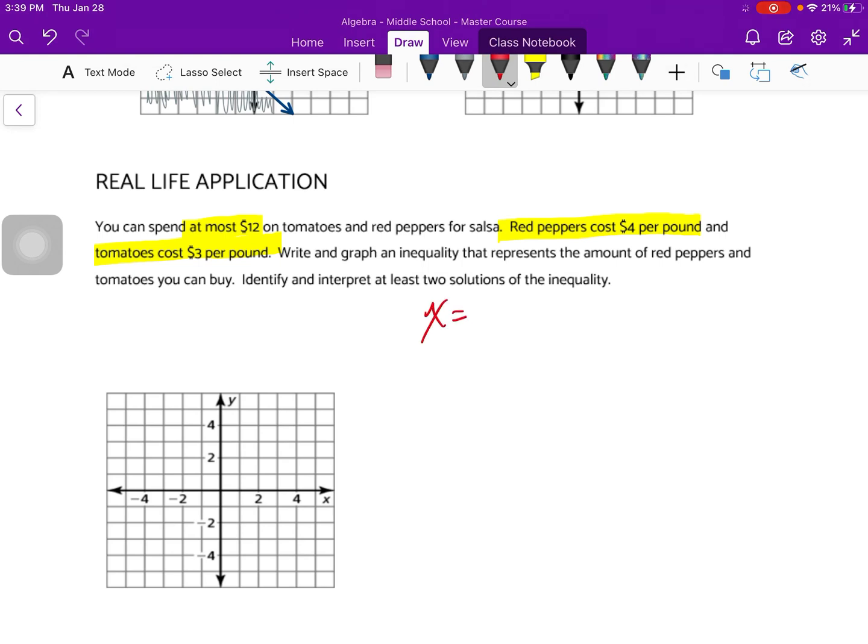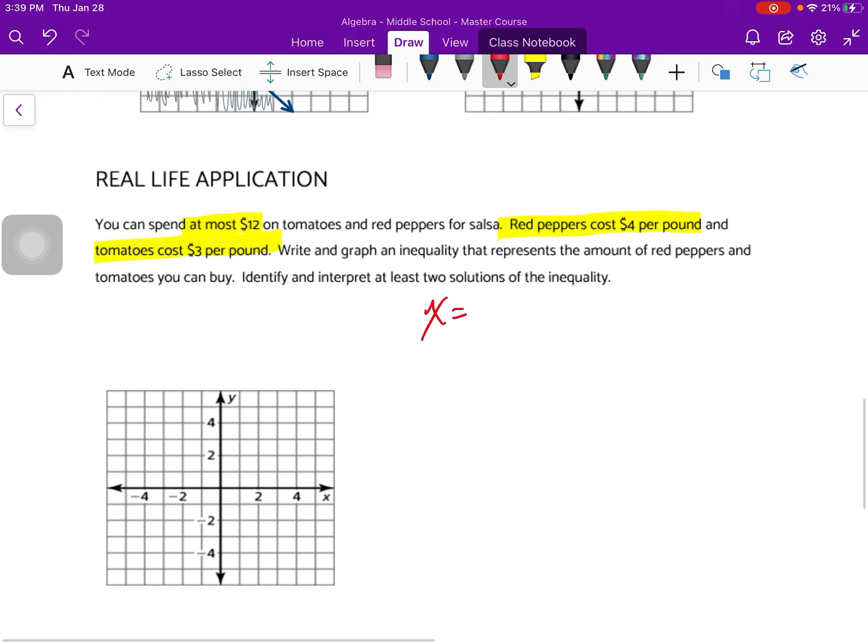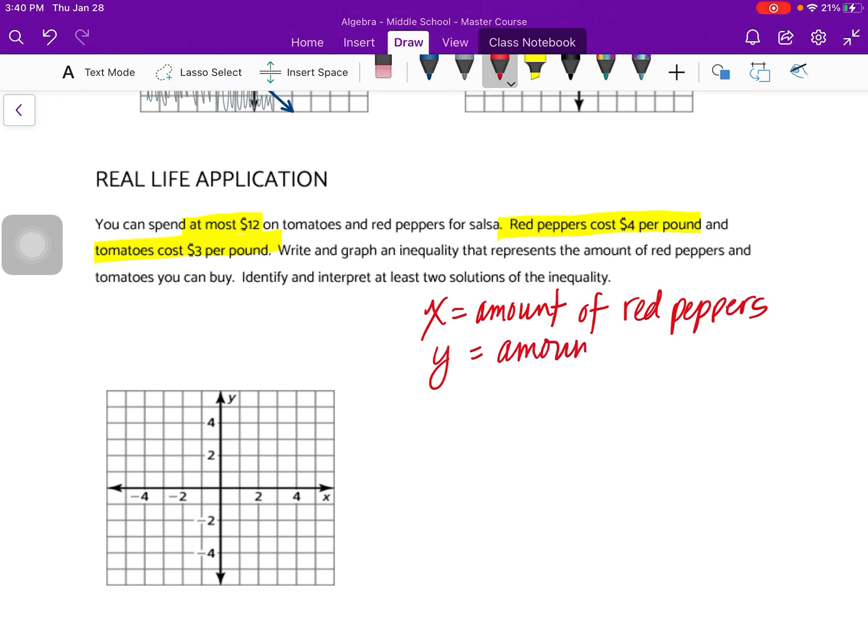So we'll say x equals the amount of red peppers. And then we'll let y equal the amount of tomatoes. Just don't want to confuse you on the graph.